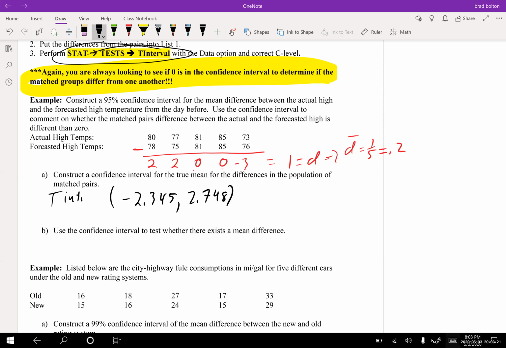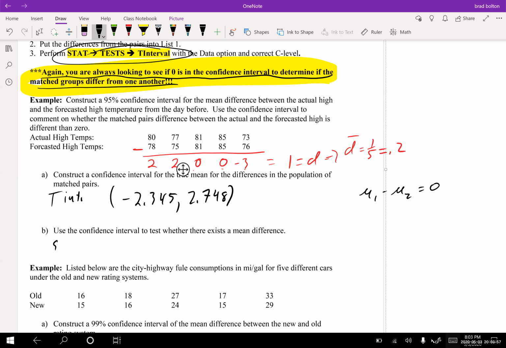All right, it says use the confidence interval to test whether there exists a mean difference. Well, is 0 in the interval? You are always looking to see if 0 is in the confidence interval to determine if the matched groups differ from one another. If 0 is in the interval, that means mu1 minus mu2 equals 0, because they're the same. That means the null is possible. Because 0 is in the interval, I'm not going to say there appears to be a significant difference.